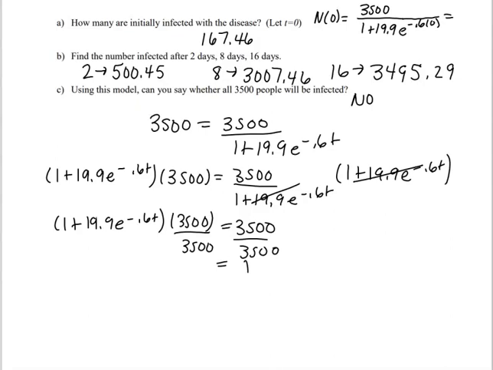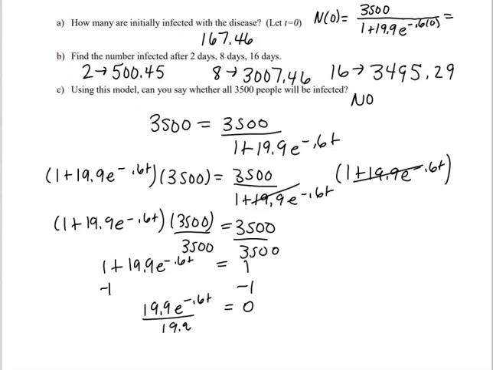It's going to be 1 on this side. On this side, I'm going to have 1 plus 19.9 e to the negative 0.6 t. I'm going to subtract 1. It's going to be 0 is equal to 19.9 e to the negative 0.6t.